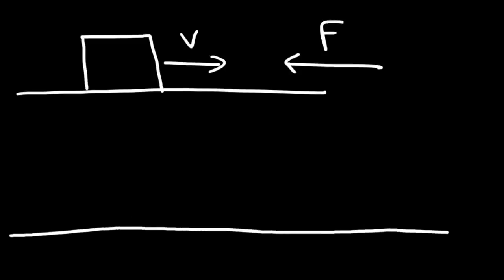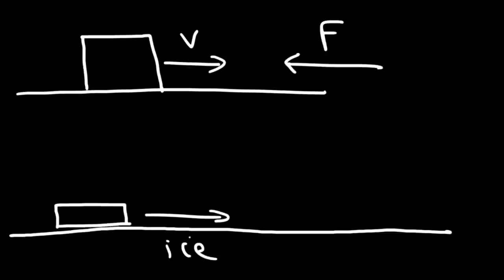A good way to illustrate this is, imagine we take an object, like a puck if you're playing air hockey, and slide it across ice. Because there's not much friction between this object and ice, because ice has a very smooth surface, this object will travel for a very long time.